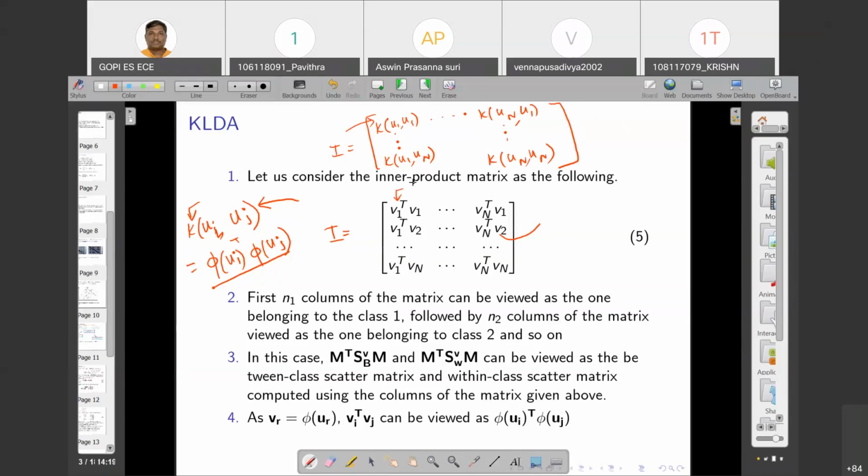And the most important point here is, if I find the scatter matrix using this inner product matrix, first see what the size of this is. The size is going to be n cross n, where n is, for example if I have only 3 classes, n1 plus n2 plus n3.